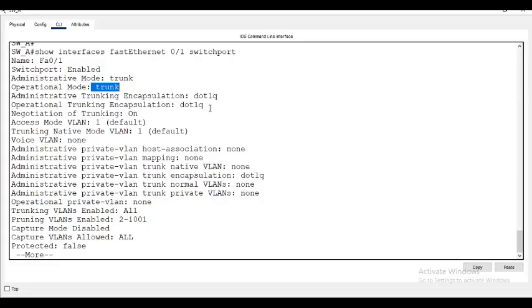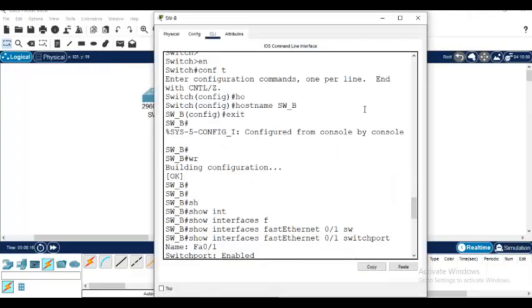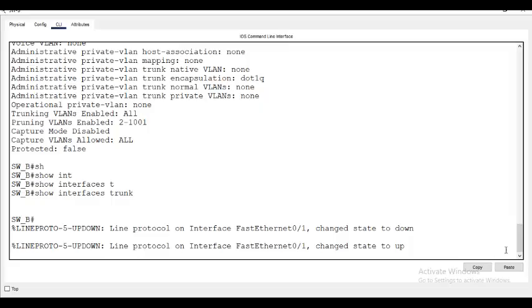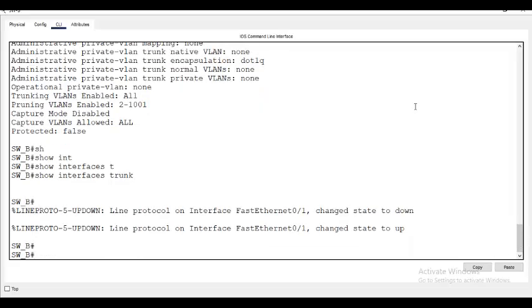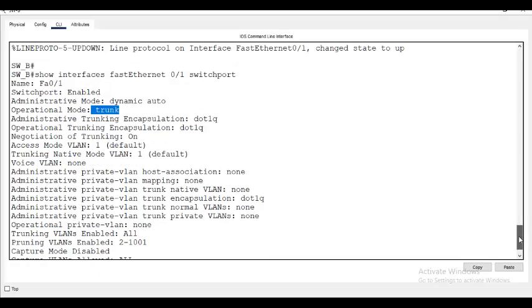And now if you see, my neighbor is also trunking operationally. But if you go up and see, it was not trunking earlier. Now it is trunking operationally. All right.